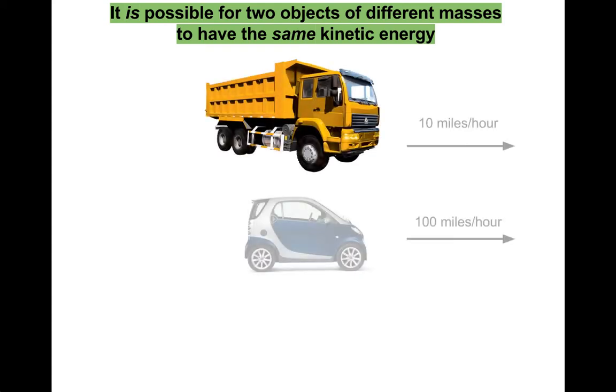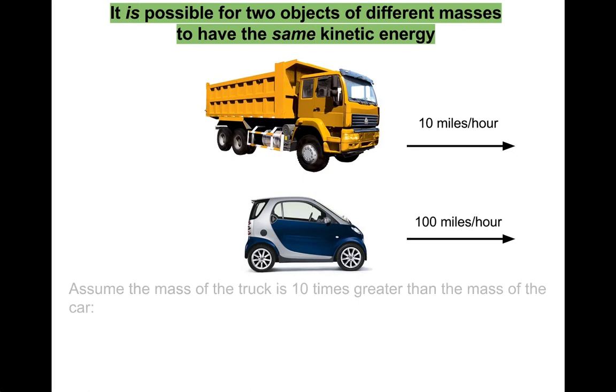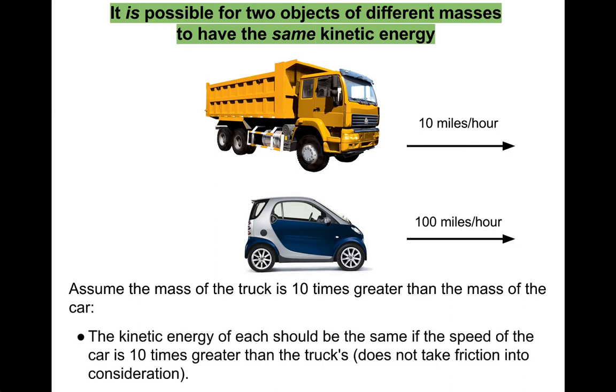So it is possible for 2 objects of different masses to have the same kinetic energy. But how? So we have our dump truck and we have our smart car. If we're assuming that the mass of the truck is 10 times greater than the mass of the car, so the kinetic energy of each should be the same if the speed of the car is 10 times greater than the speed of the truck.